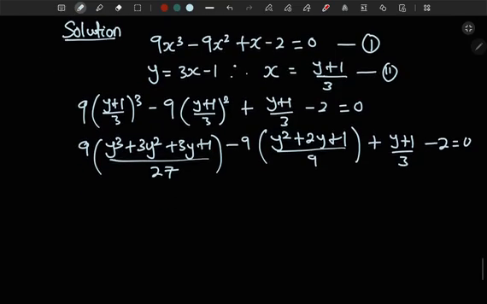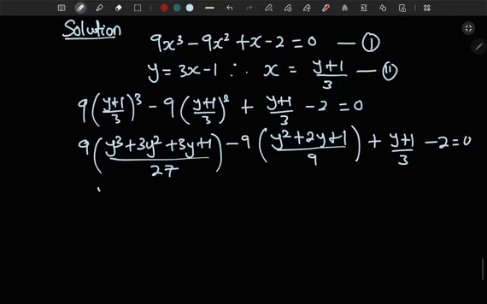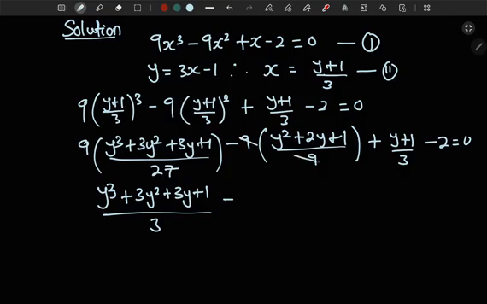In simplest form, the first term can be written as y cubed plus 3y squared plus 3y plus 1 over 9 in 27, which will give us 3. Then the other one, this 9 here cancels, so you have y squared plus 2y plus 1. This must be in brackets because of the minus. Then you have y plus 1 over 3 minus 2.